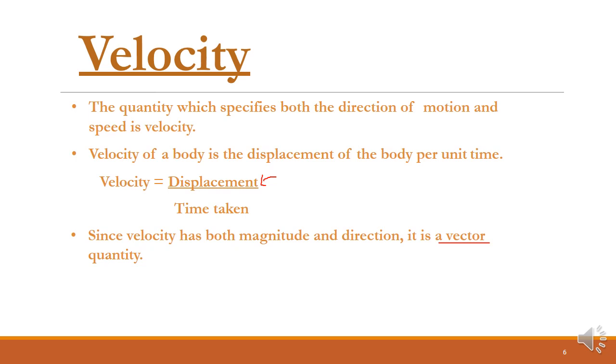It has magnitude as well as direction. So if I want to say that I traveled 10 meter east in 2 seconds, then that's how we calculate velocity, where the 10 meters will be our displacement divided by time, which was 2 seconds as an example, and which will give us the answer as 5 meter per second.